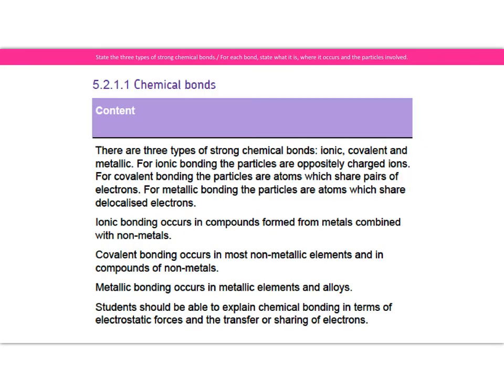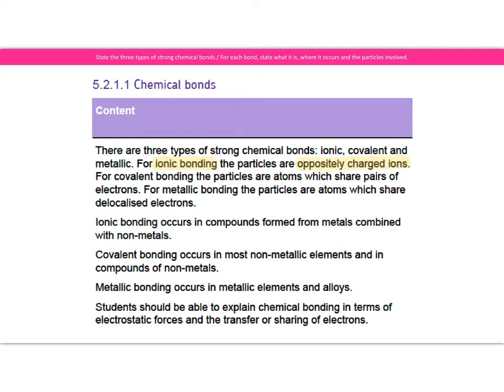So there's a repeat of that first part of the specification. There are little details in here that we haven't yet covered, because I think it makes sense to do that when we come to them individually. For example, we haven't yet said that in ionic bonding, we've got oppositely charged ions.